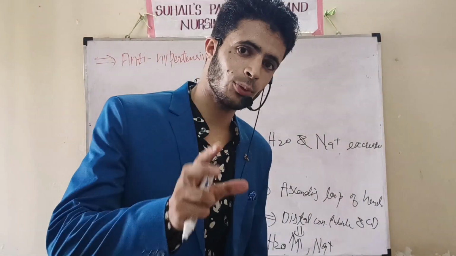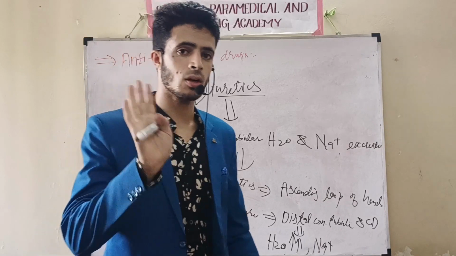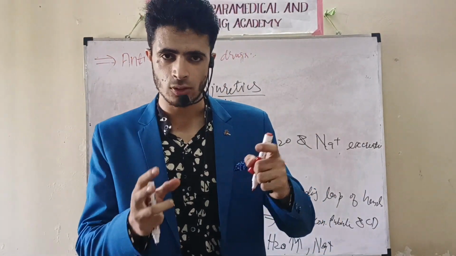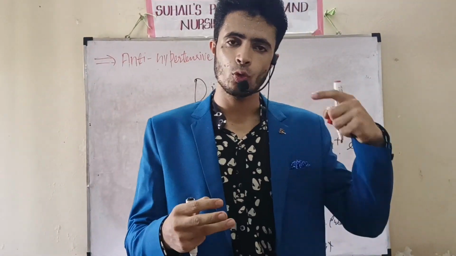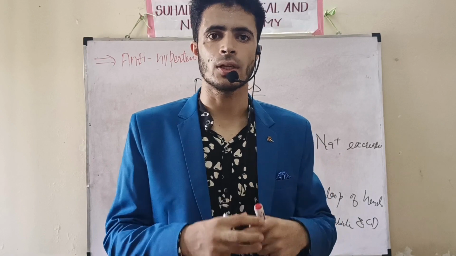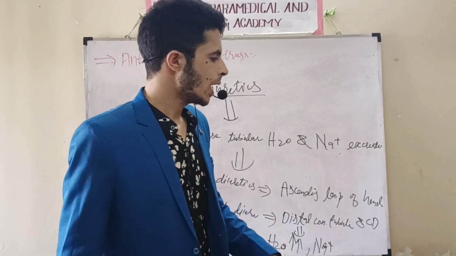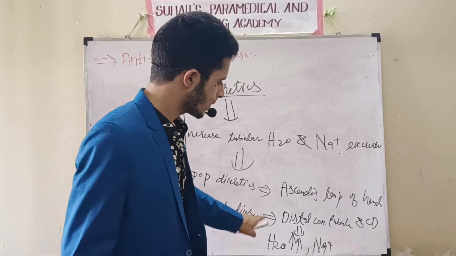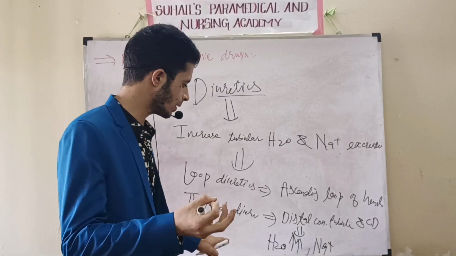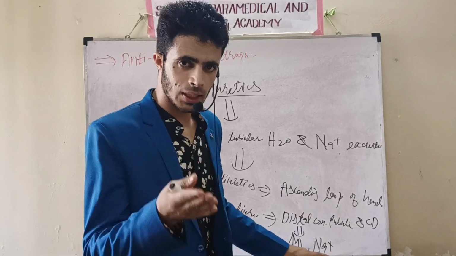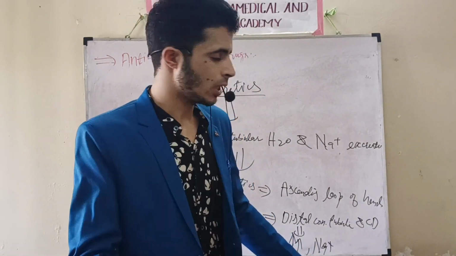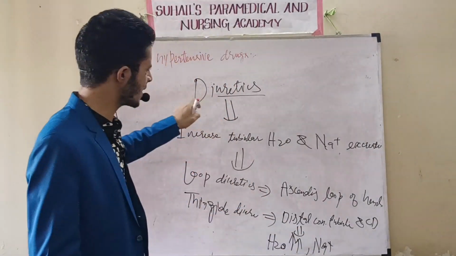Because in urine formation there are three steps. One is glomerular filtration, another is tubular reabsorption, and the third step is tubular excretion. The tubular reabsorption is responsible for the accumulation of water, for the increase in the water in the blood, as well as to increase the sodium within the blood. This was a general mechanism.